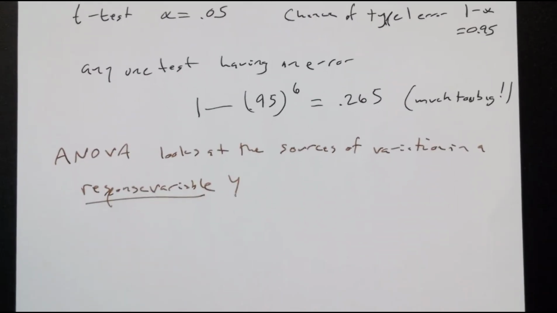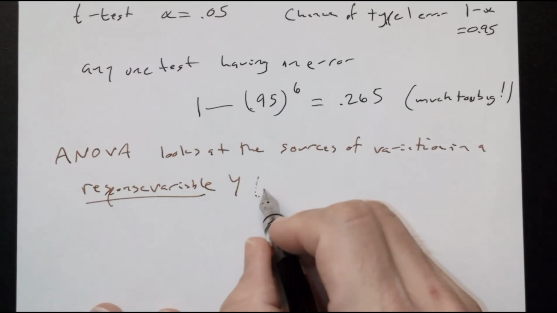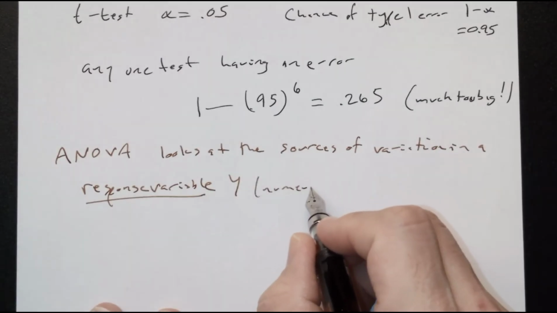We're going to look at all the possible sources of the variable y. What variation could it have? And we're going to try and see if this is explained by some categorical variable. This is a numerical variable.